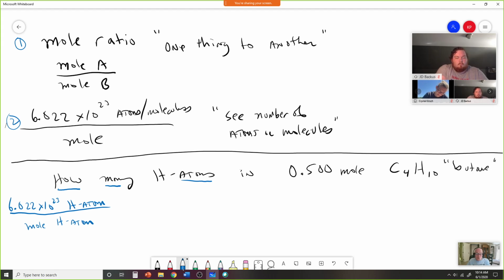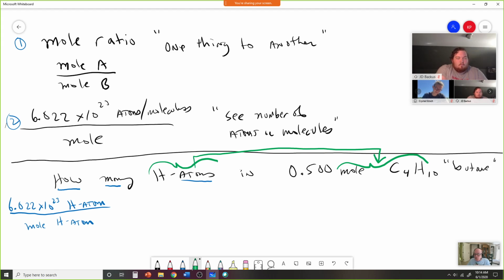So I got how many H atoms, and now I also see that I am going from one thing to another thing. How do I know? I am going between moles of C4H10 and H atoms.